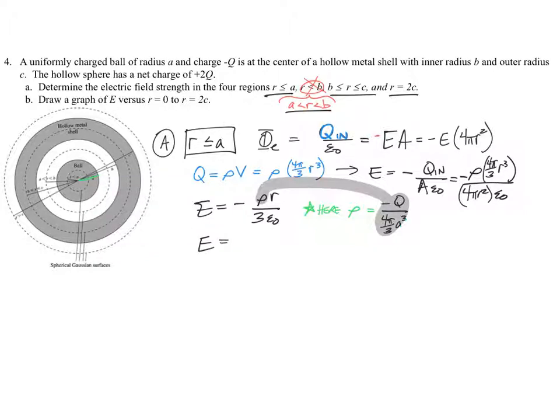So my electric field would end up being, and so let's just kind of look here. We're going to lose some 4 pi going on there. 3 will stick around. r is going to drop down.